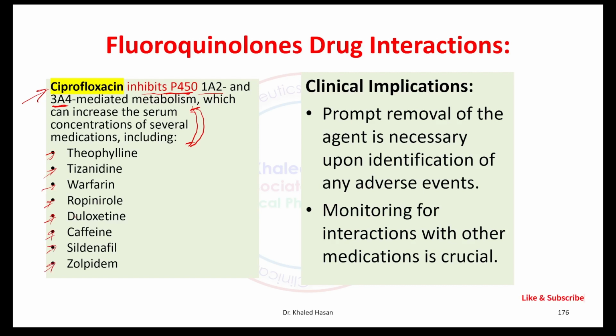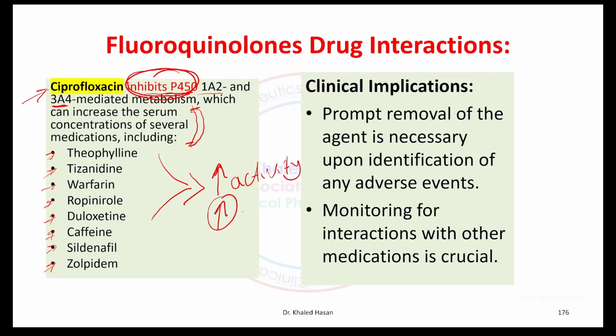So what happens when a fluoroquinolone is prescribed and inhibits the metabolism of these medications is that their activity increases, or we can say their activity is prolonged in the plasma, and may cause toxicity of these medications.